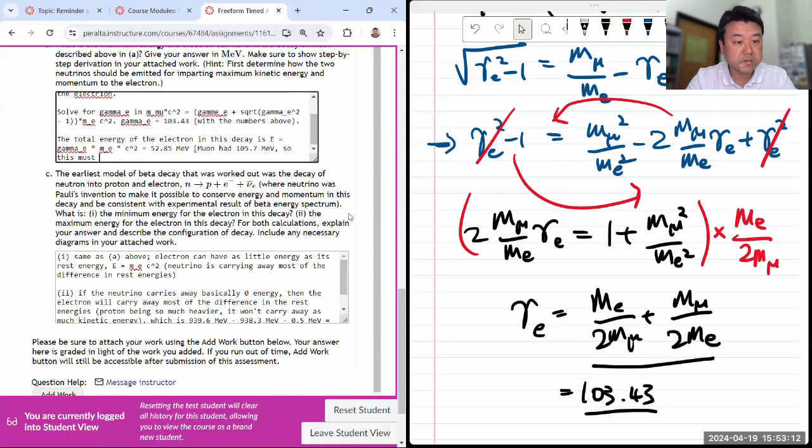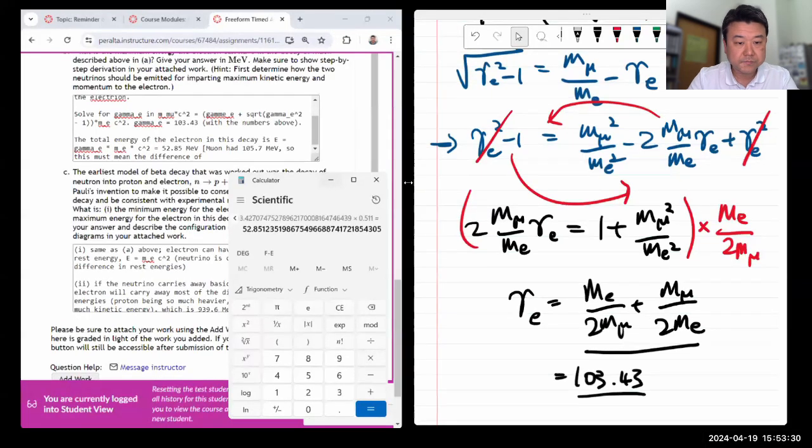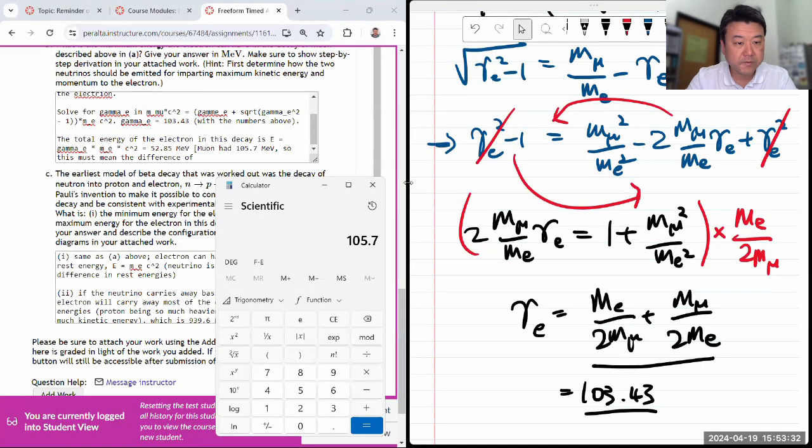So this must mean the difference of 52 point, I can't do this in my head. So let's do 105.7 minus 52.85.